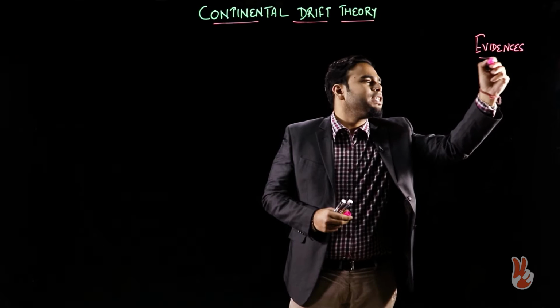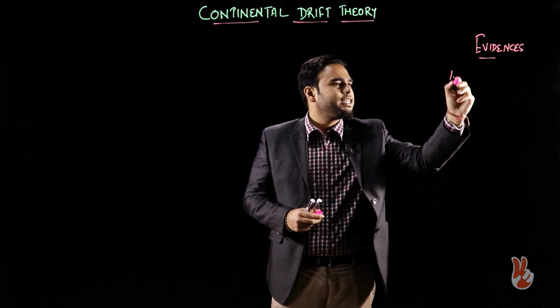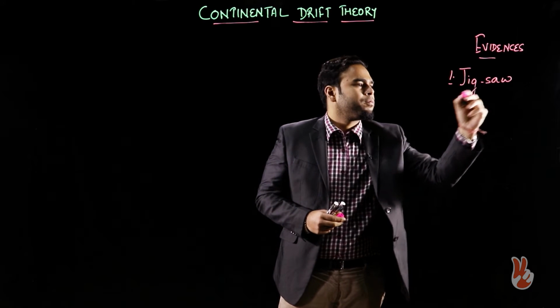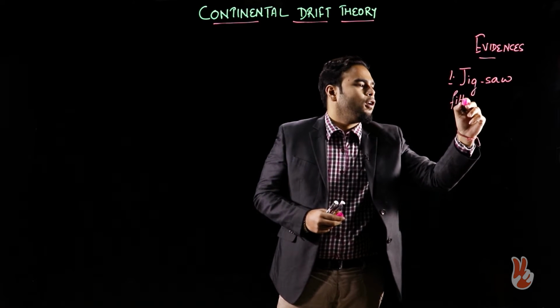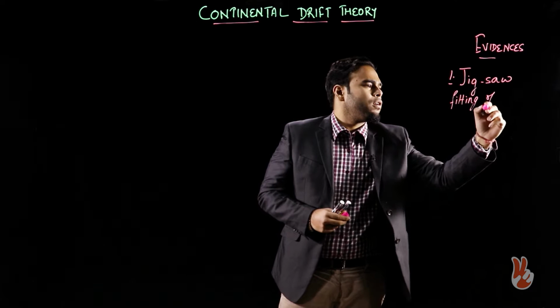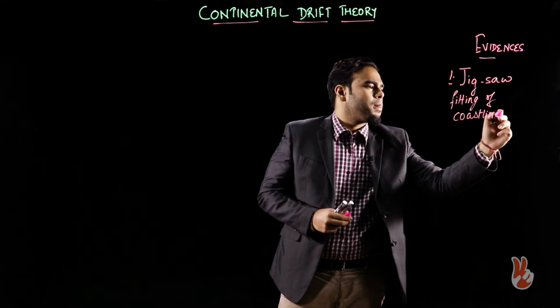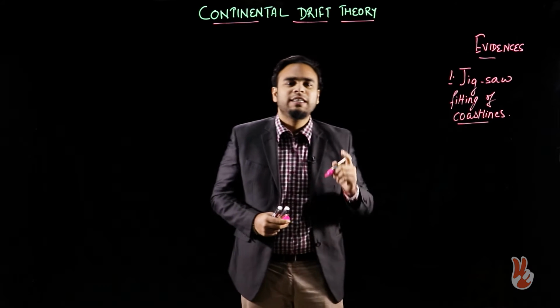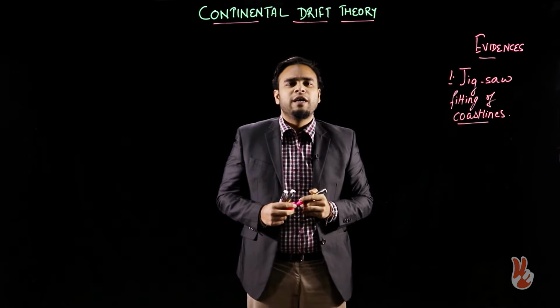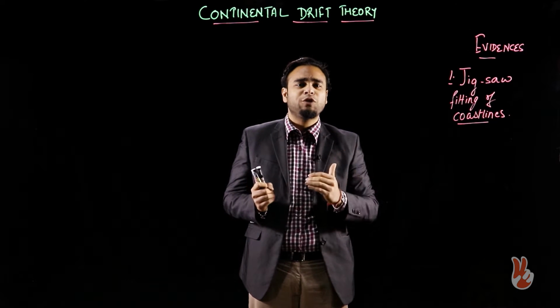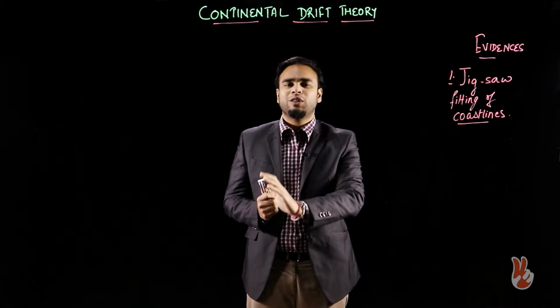The first evidence that he gave was called jigsaw fitting of coastlines. Now what is this jigsaw fitting? He said that there are different continents which separated from each other as they were moving in the northward as well as the westward direction.